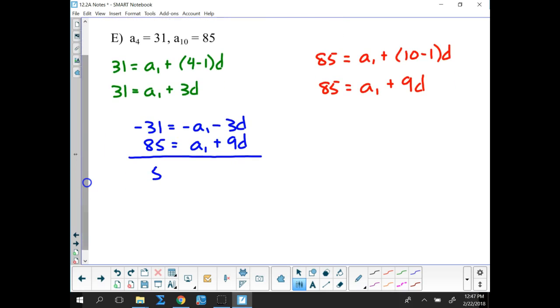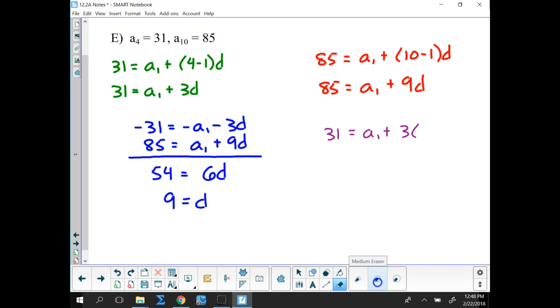54 is equal to 6d. So d is 9. If d is 9, then, oops, I know what d is here now. D is 9. Whoa.